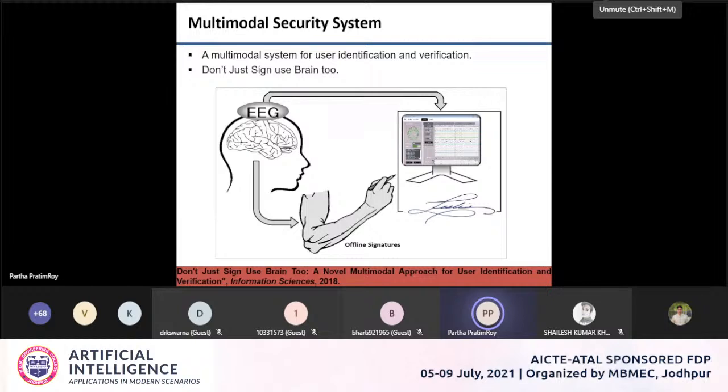So we can also use a similar authentication scheme for other purposes. For example, in the previous example we showed that EEG was only used for identifying. Right? So we can actually use multimodality.